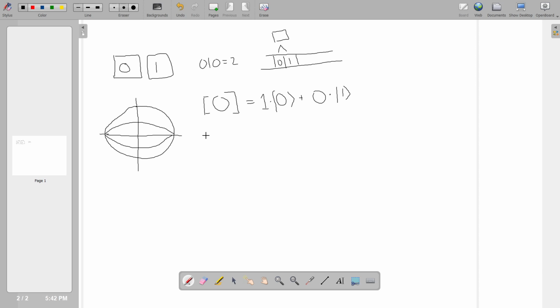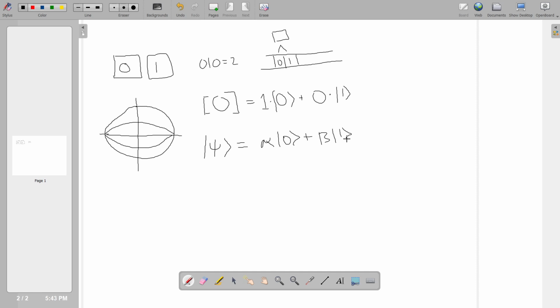But if we consider a quantum bit represented by its wave function psi, we can say that it is in a superposition of states with some alpha plus some beta. And these can be complex variables or complex numbers. And so what does this mean, though?